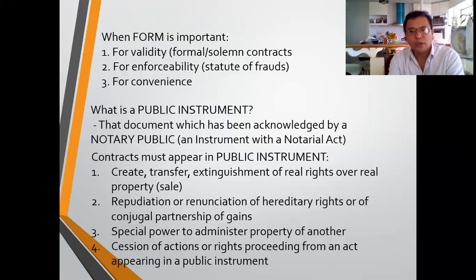Then number 4, cession of actions or rights proceeding from an act appearing in a public instrument. Cession here means stoppage, cease. It's the same as repudiation or cancellation. So if you cease to act on your right which appears in a public instrument, then you should also write another public instrument.